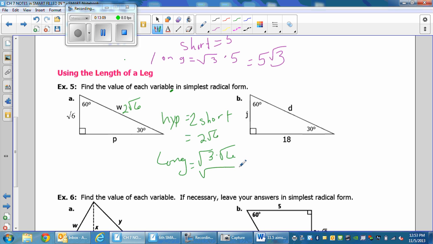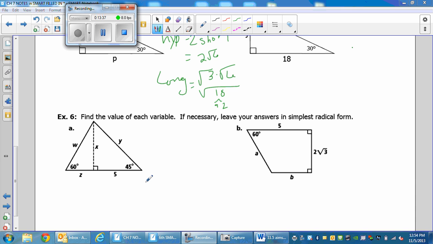Radical 6 times radical 3 is the square root of 18. And then I have square root of 18. I can split that up into 9 and 2. I'm going to let you finish this one, as well as do what I've done and finish in simple radical form for B. We'll check that tomorrow.